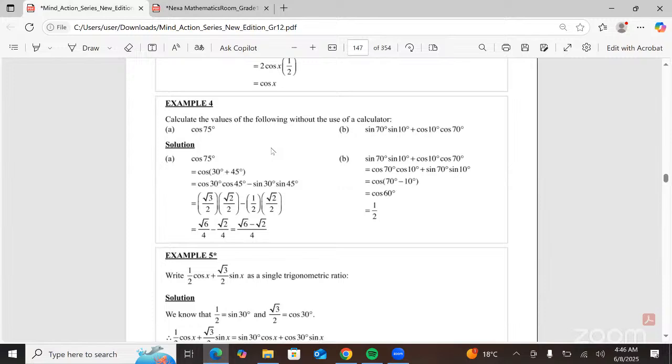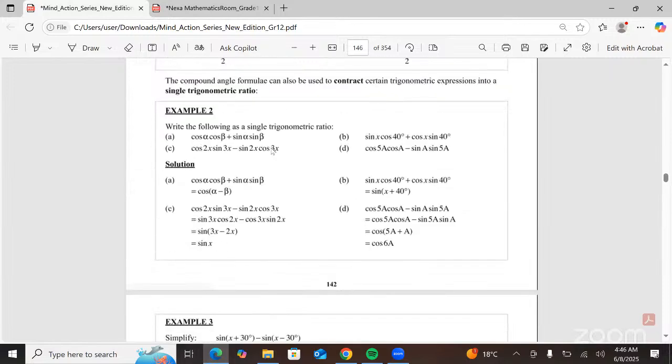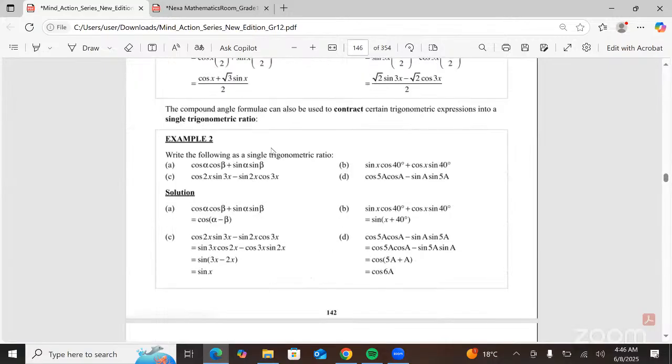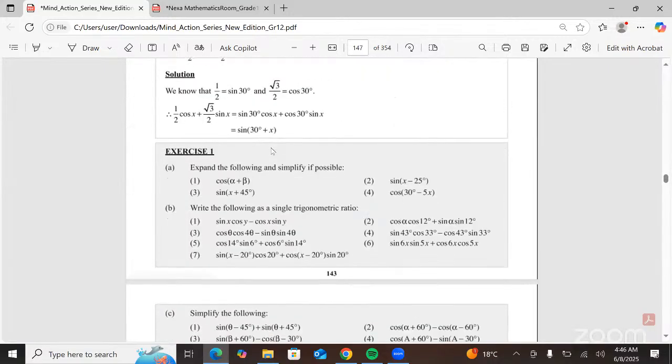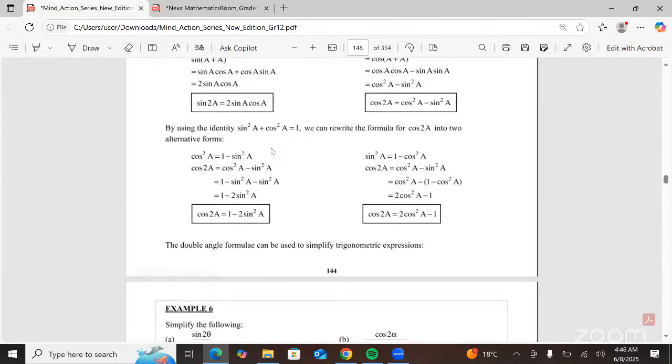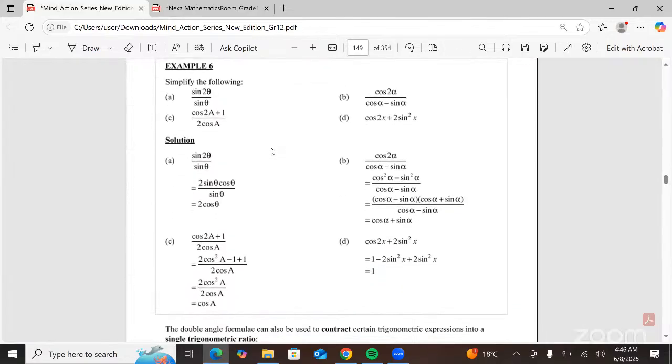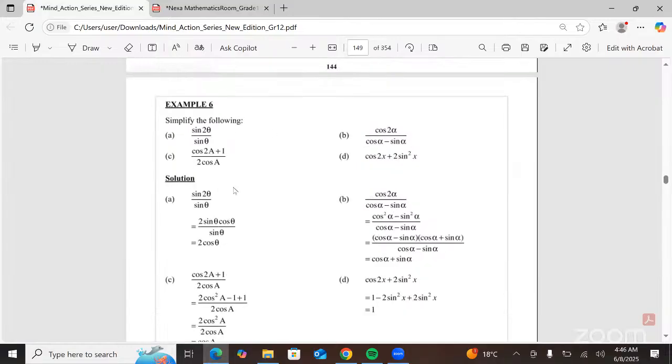That you can say maybe it's challenging. Oh, this one is that one whereby you just have to simplify. With this one, you are just playing around with your identities and your algebra to solve it.